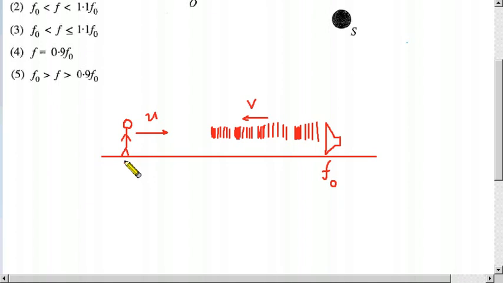The frequency observed, and this one the frequency of the source; normally we write these symbols in the classroom. So what is the equation? Before the equation you should know, if this observer is moving towards the source, the relative distance between them decreases, then this observed frequency must increase.